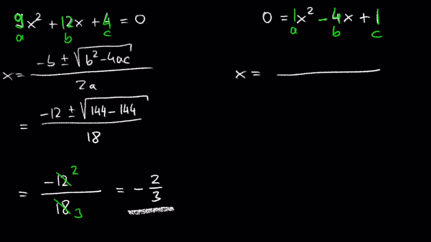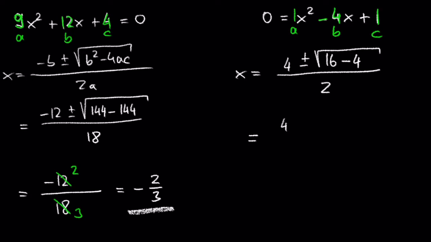Minus negative 4 is positive 4, plus minus the square root of negative 4 squared is 16, minus 4 times 1 is 4, and 2 times 1 is 2.